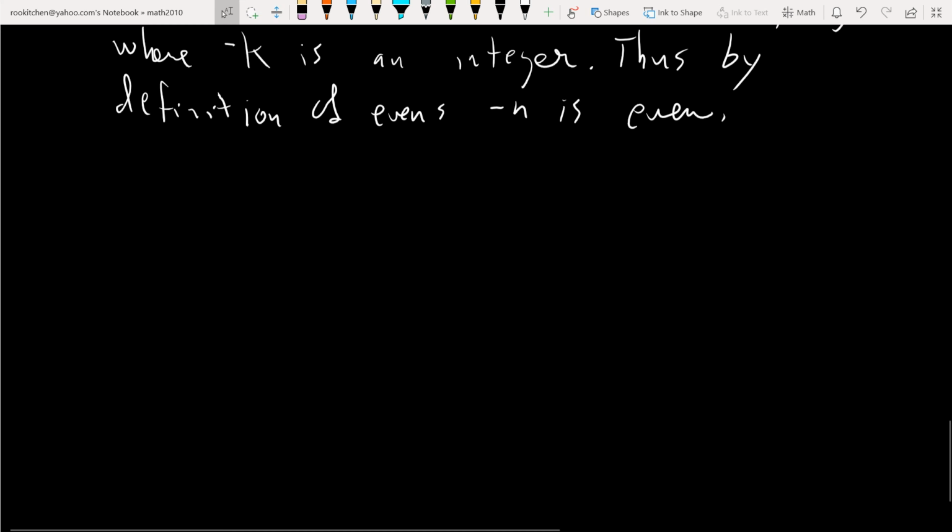And let's look at one more, and then we'll probably call it quits until the next video. So we'll just call this one an example. What are we trying to do? We're trying to prove that the difference of any odd and even integer is odd.